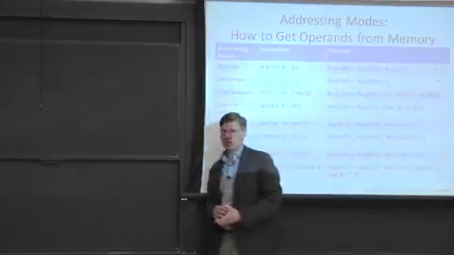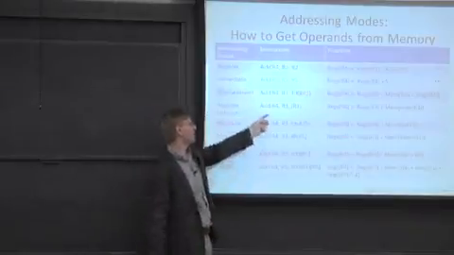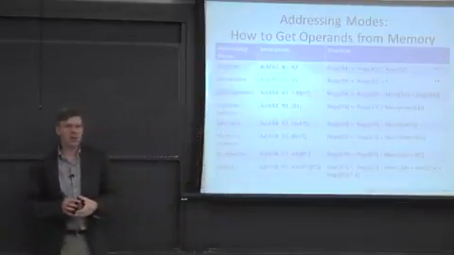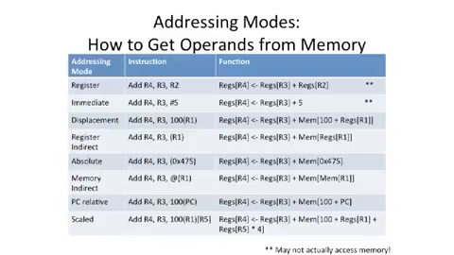You can have register indirect, and this is pretty common on something like MIPS. Actually, if you look at the Itanium instruction set, they don't have displacement stuff. They only have register indirect. So this is similar to the displacement, but you can't have a displacement.